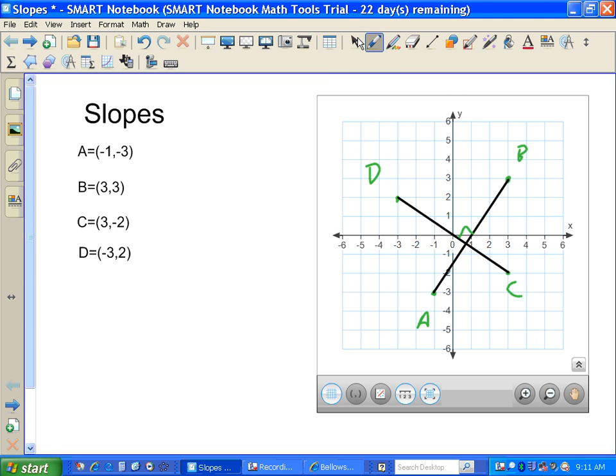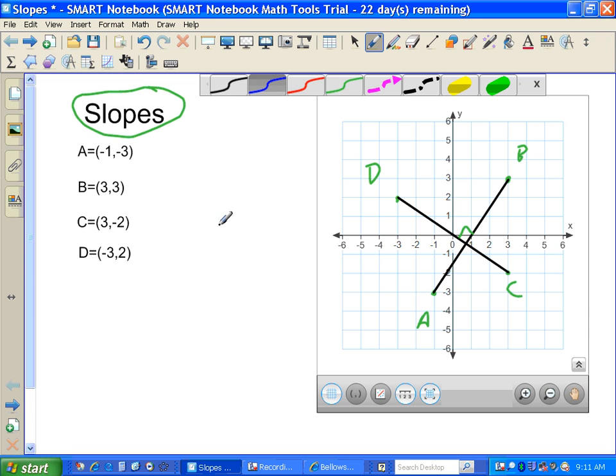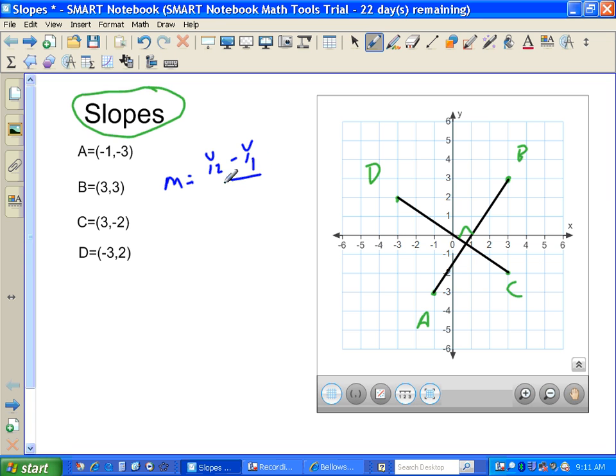Okay, so without looking at the picture, how could we figure out that those two lines were perpendicular? So since I talked about slopes at the very beginning, obviously it has something to do with slopes. So remember the slope formula. Slope is y2 minus y1 over x2 minus x1.